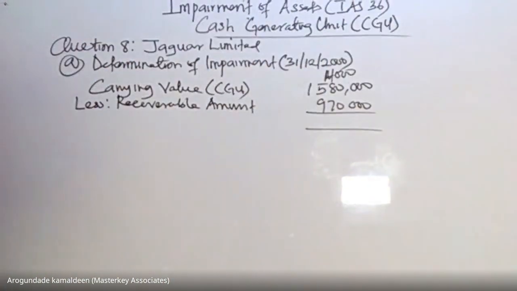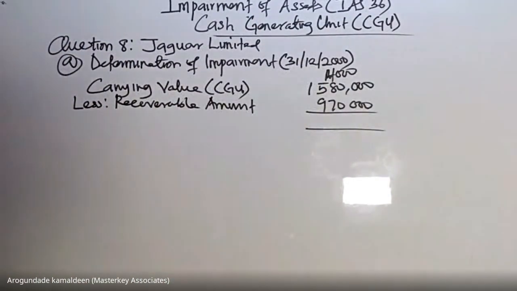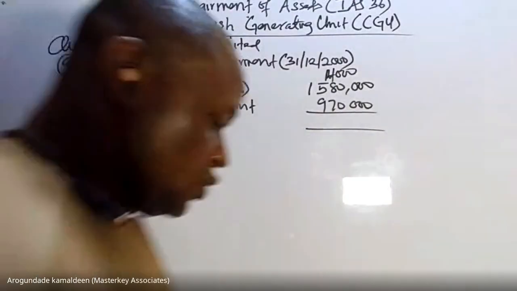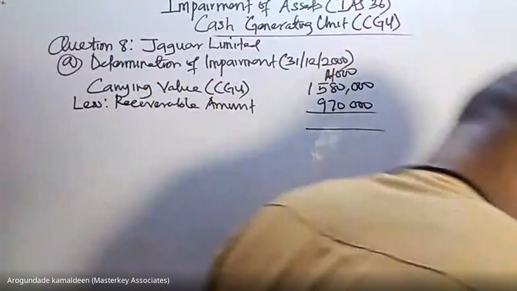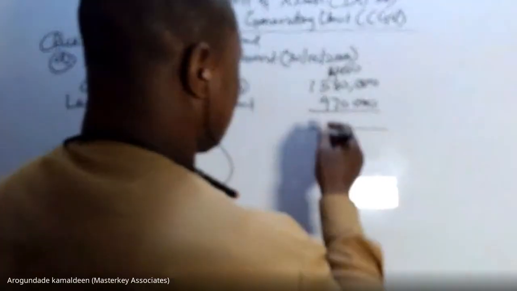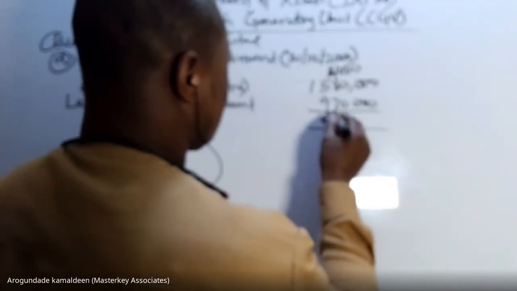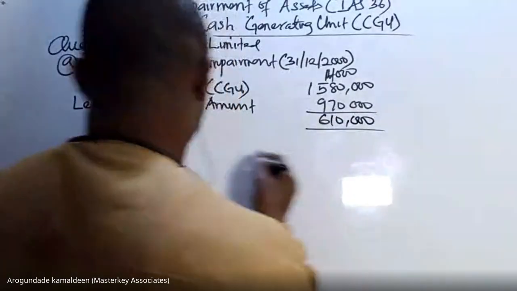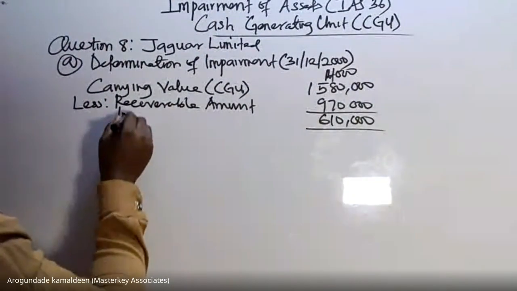Now, impairment occurs if the carrying value is more than the recoverable value. So in this case, we have impairment of the system.